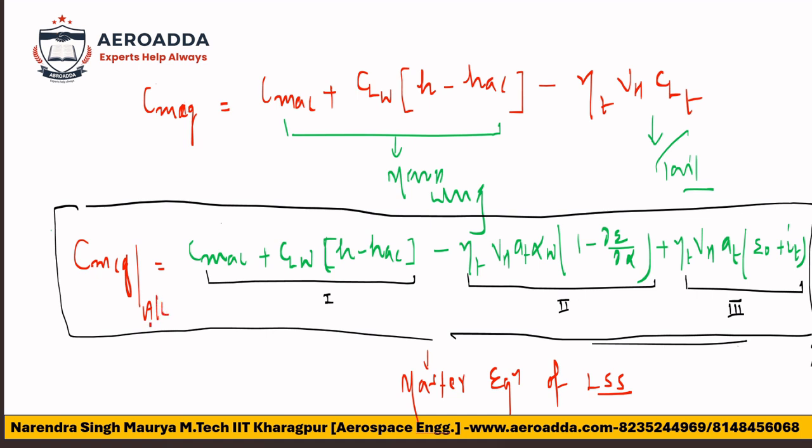So see, this is the main wing and this is the tail, two contributions. Here basically main wing and tail wing. If you see the whole format, you can also write the angle of attack. So CLW also you can write as AW into alpha W. It's your choice. So this is the main equation, correct?